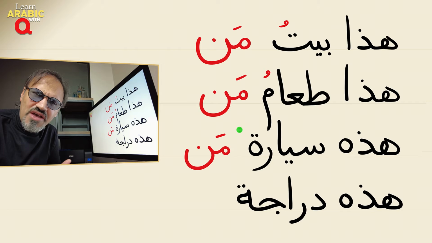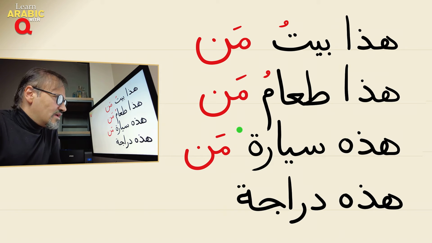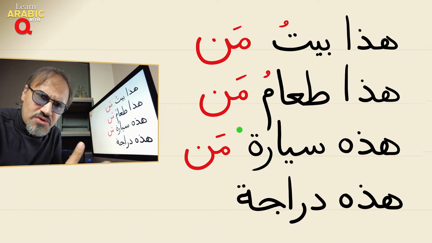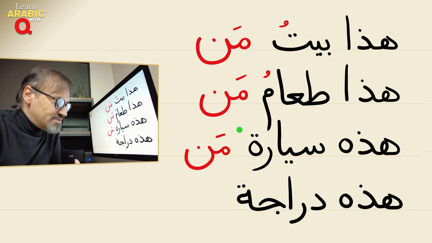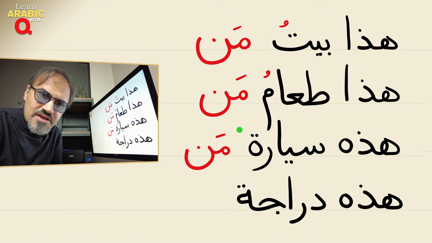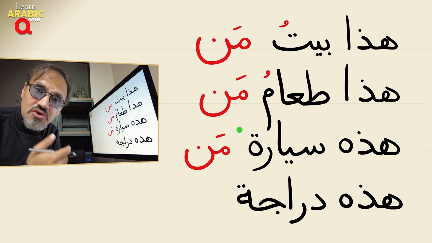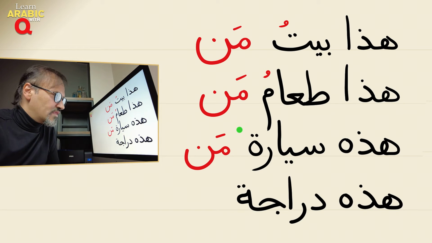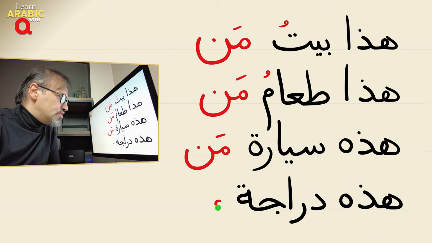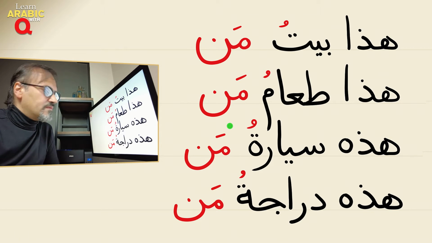If you ask yourself why, let's try to read the sentence without saying the te. هذه سيارة من. There's no flow. The flow has been disconnected. But هذه سيارة من. Whose car is this? هذه دراجة من. Look, there's a dhamma over here.